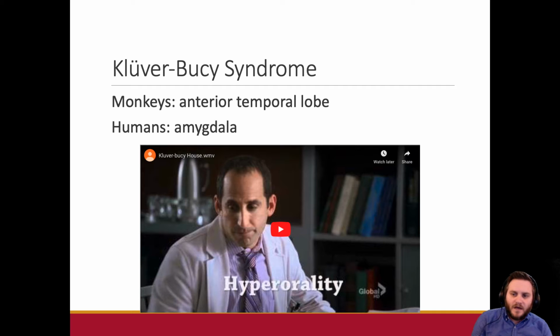But Klüver-Bucy Syndrome is an interesting set of issues. And it's a syndrome because it's just a collection of symptoms. And you'll see why the amygdala is so important for the symptoms that are expressed by having damage to the amygdala.